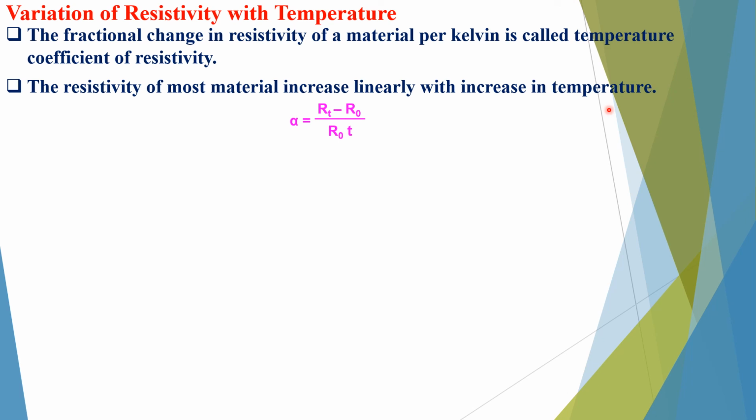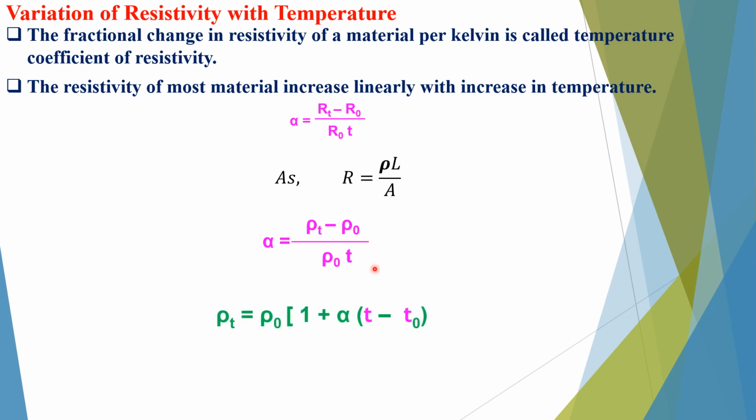We know that alpha is equals to RT minus R naught divided by R naught T. As R is equals to rho L upon A, we can put RT is equals to rho T L upon A and R naught is equals to rho naught L upon A in above equation, and by solving we get alpha is equals to rho T minus rho naught divided by rho naught into T. By rearranging and solving, we get rho T is equals to rho naught into 1 plus alpha into T minus T naught. SI unit of temperature coefficient of resistivity is Kelvin inverse.